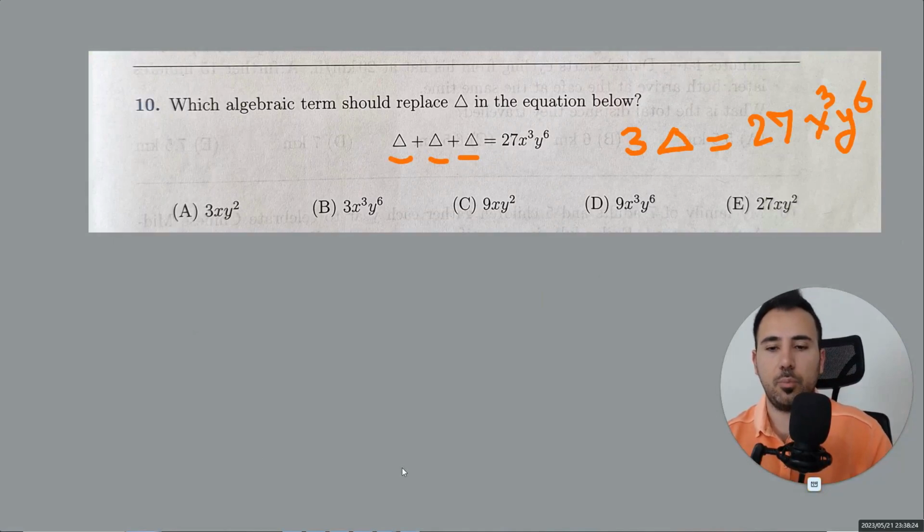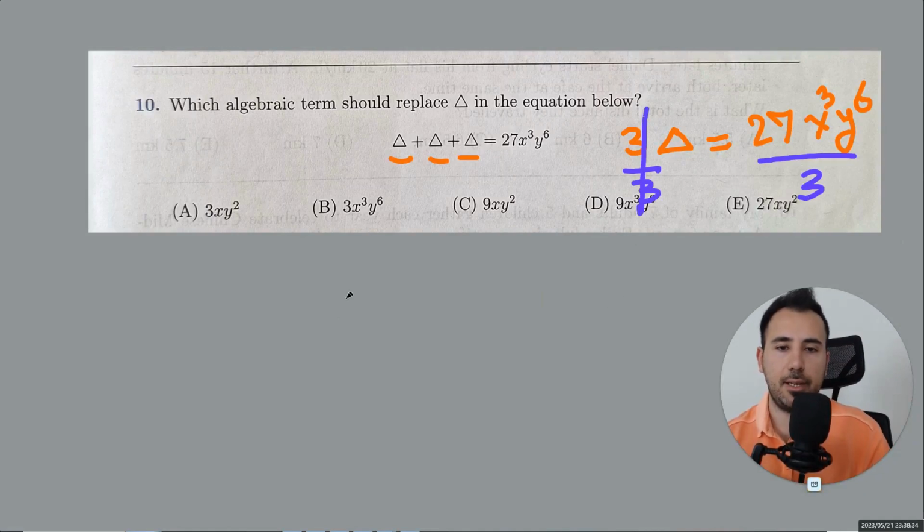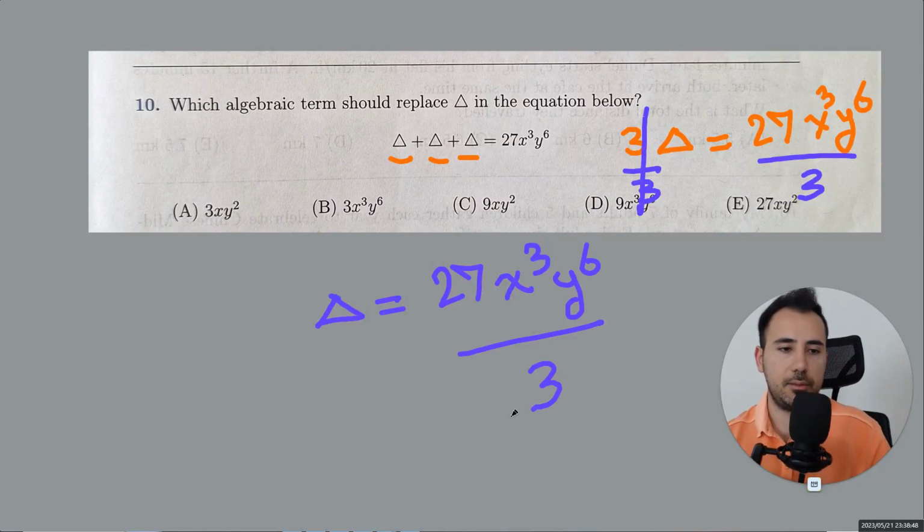Okay, both sides obviously need to be divided by 3. These 3 will cancel. Okay, so we're going to have a triangle equals 27 x cubed y to the 6th power, all of this divided by 3, okay?